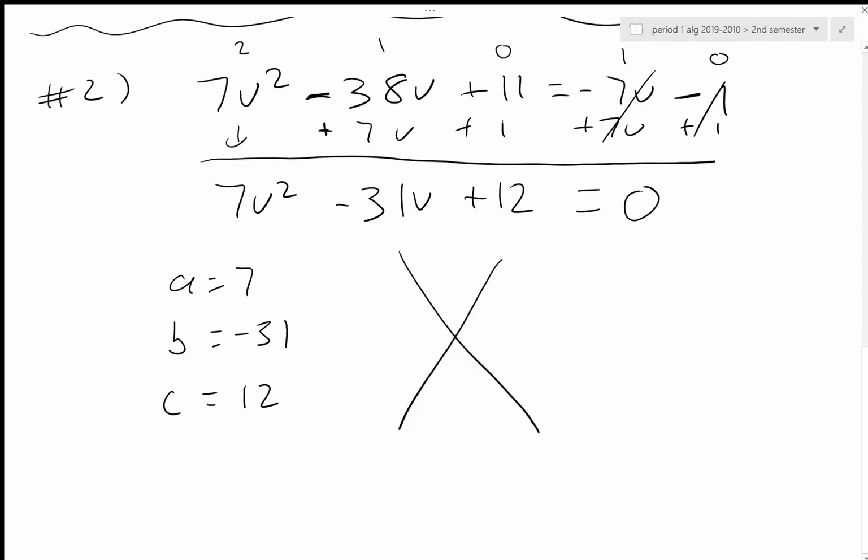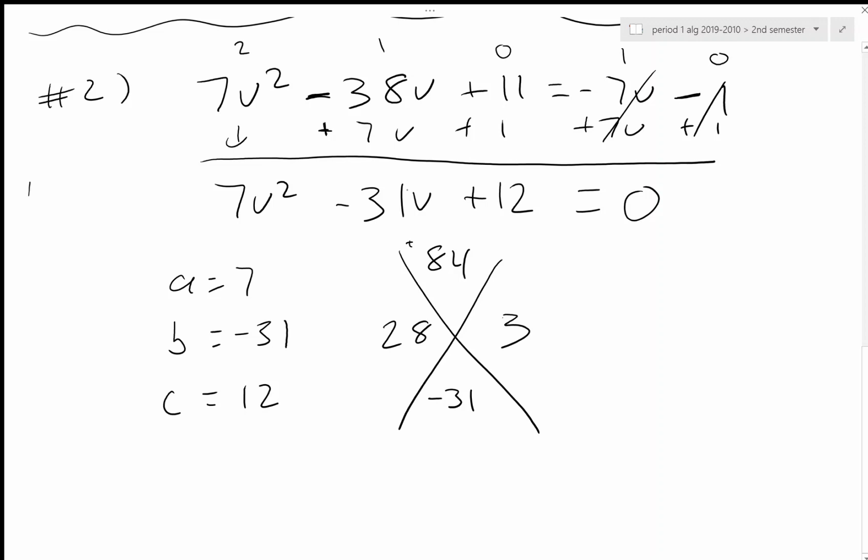Okay. Top is A times C, so 12 times 7 is 84. On the bottom, we get negative 31. I didn't mean to give you guys something this big, but okay, we need numbers that multiply to 84 and add to 31. In this case, it'll be 28 and 3.